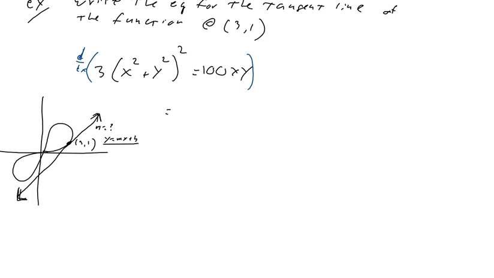So my derivative of this whole piece, the 3 is going to stay, and I have a few layers here. First thing is I have this outside squared. So I'm going to do the derivative of the outside, leaving the inside alone. Just do one step at a time. Derivative of the outside, I take the 2, bring it in front. 3 times 2, that's going to be 6 times (x squared plus y squared) to the first power, because I reduced my exponent by 1, did my power rule. So that's my derivative of the outside, times the derivative of the inside.